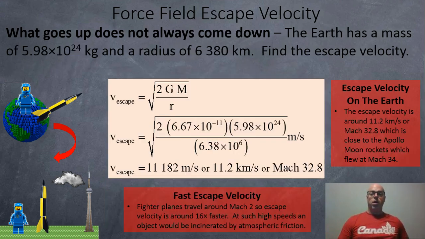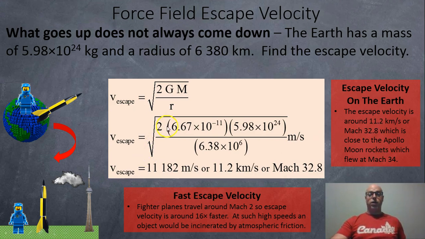So, the Earth has a mass of 5.98 times 10 to the 24 kilograms and a radius of 6,380 kilometers. So if you launch something off the surface, like maybe from Florida, and you want it to leave the Earth and never come back, how fast do you have to launch it?